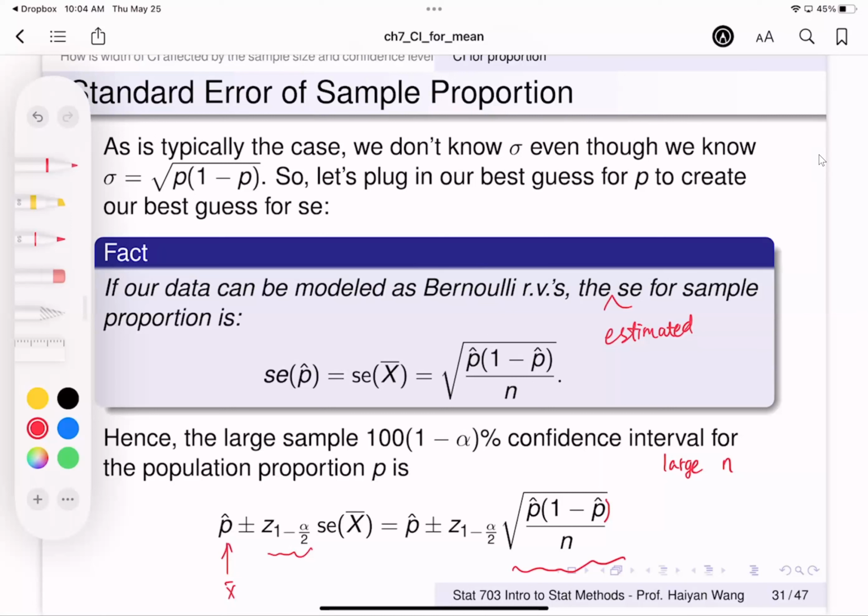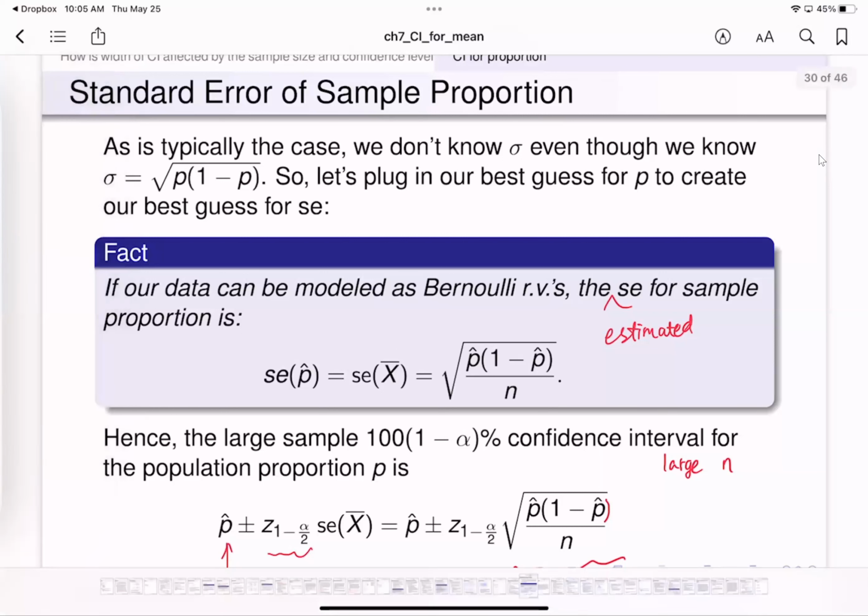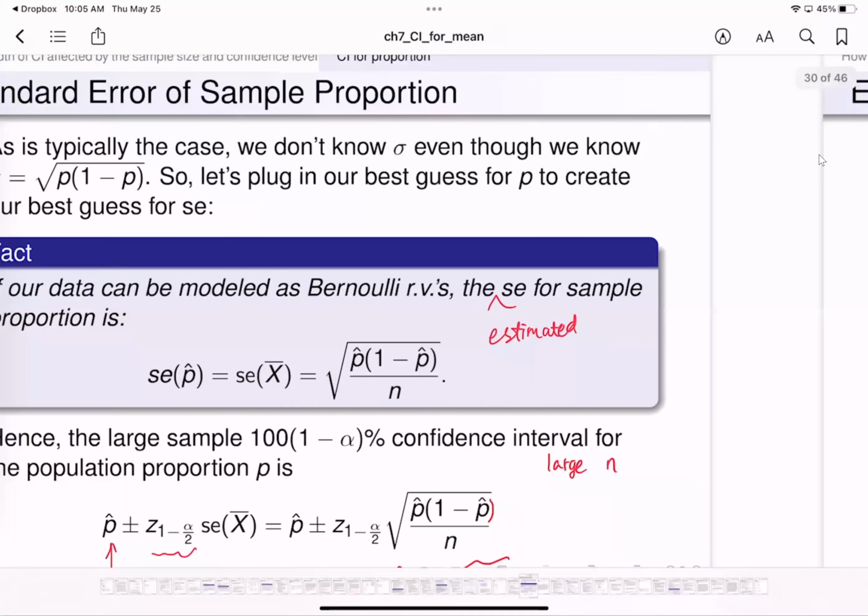The Walsh textbook did give a formula for the adjusted one. I'm going to skip that because the idea is simple, like this one: you use the estimate, plus minus the Z normal percentile, times the standard error estimate. Okay, so this is the confidence interval.